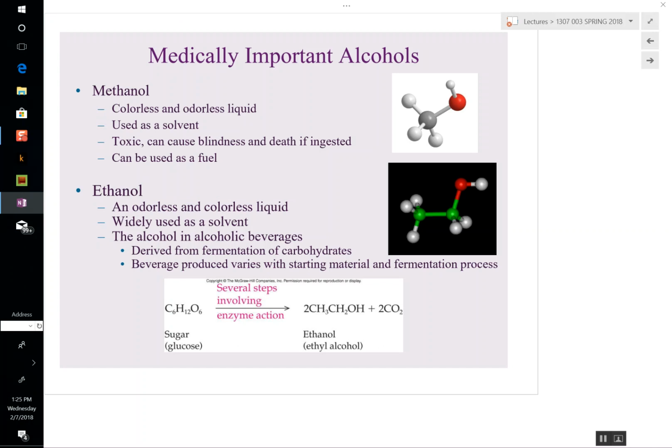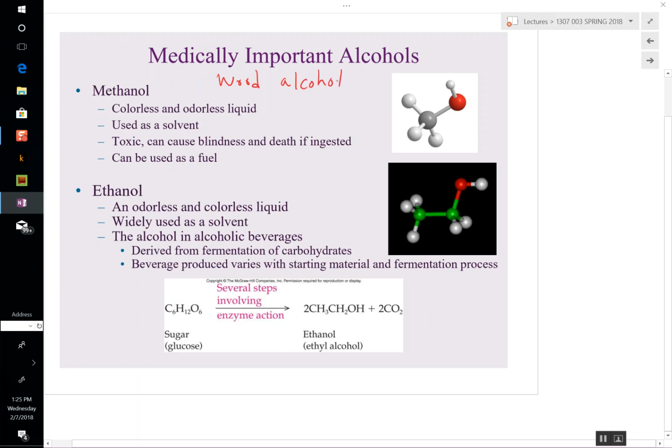Okay, just a couple common alcohols. Methanol: back in the roaring 20s, 1920s, when alcohol was illegal, people were making their own alcohol. Some people made this, which is also called wood alcohol.